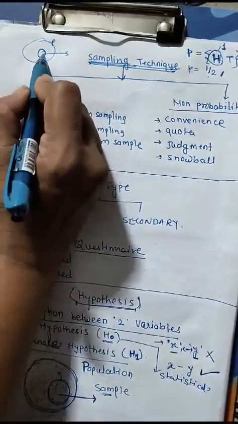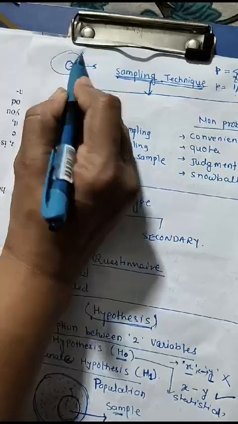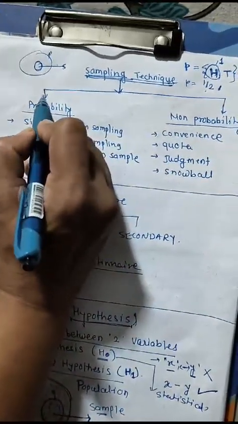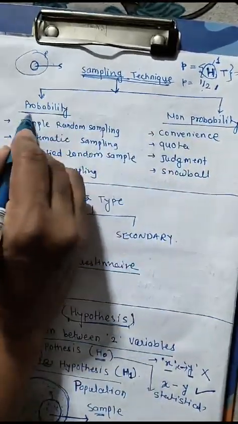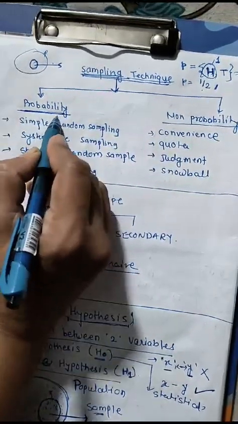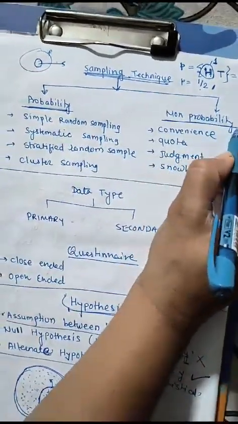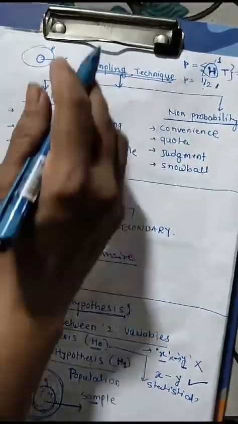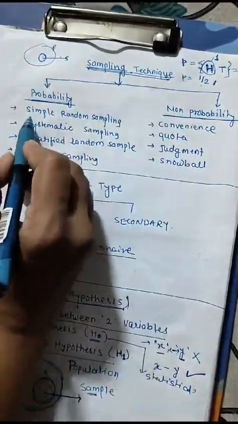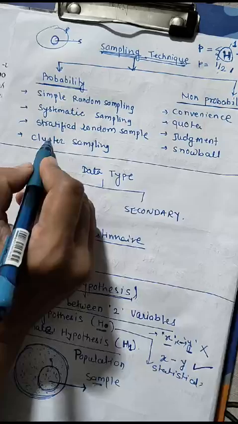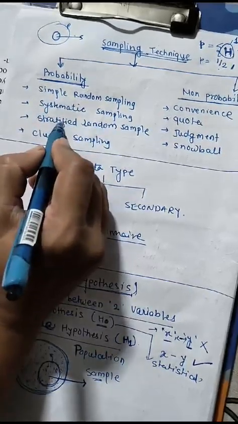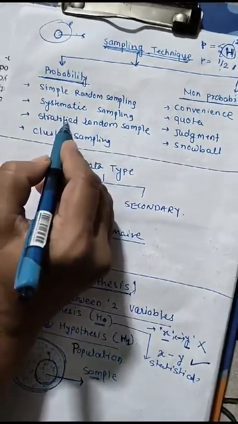For selecting a sample from the population, some techniques are based on probability and some on non-probability. In probability sampling, there are 4 techniques of choosing a sample from the population.